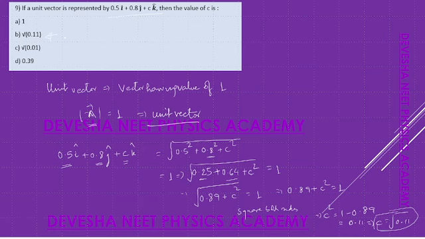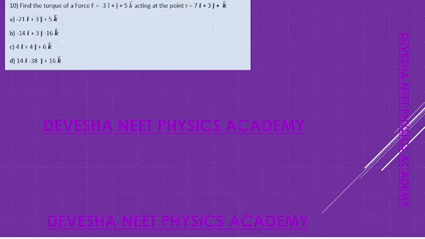Okay, let's go to the next problem. Find the torque of a force F, acting at the point r. The formula for torque is equal to radius cross force.